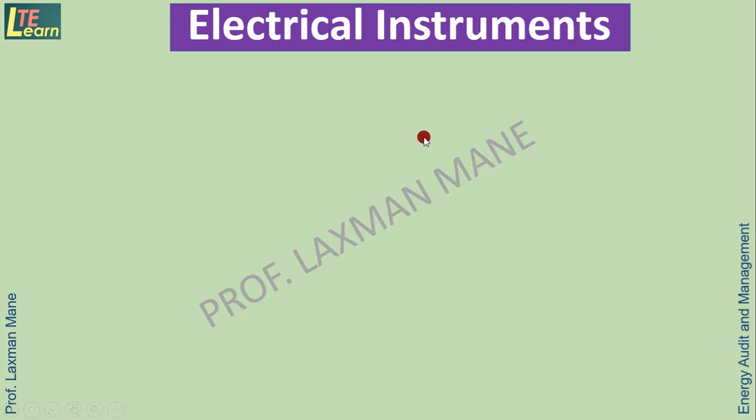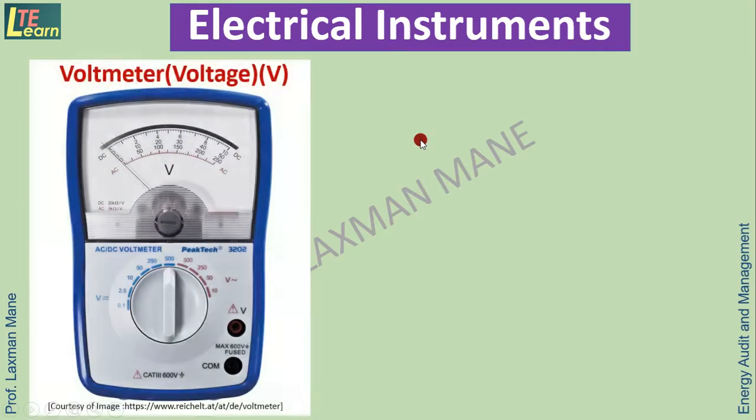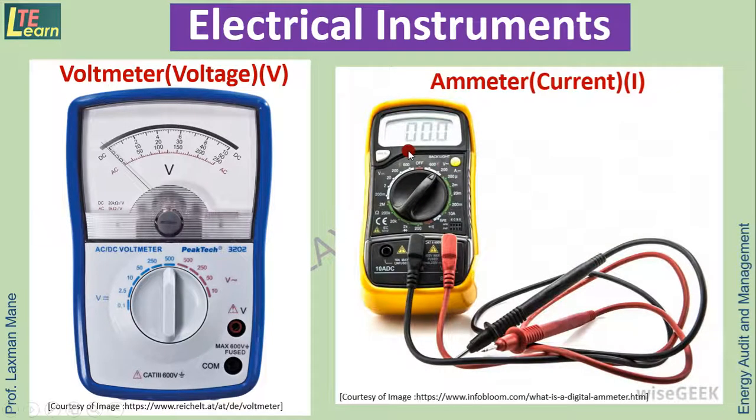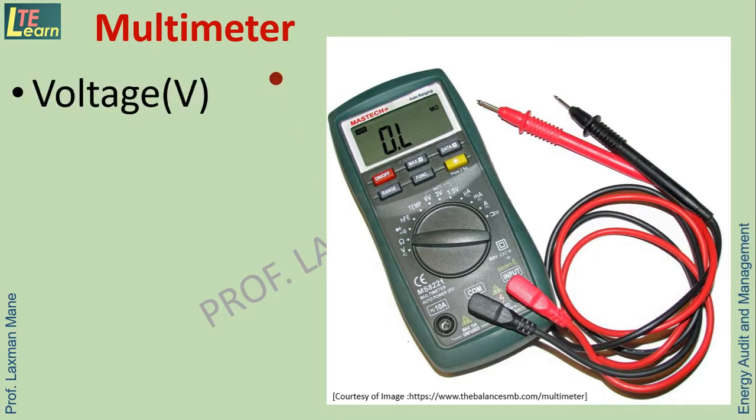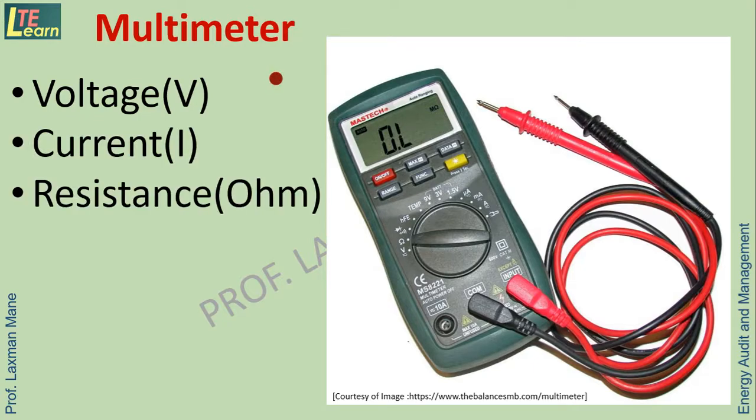Let us see electrical instruments. Voltmeter is used to measure voltage. Ammeter is an instrument which is used to measure current in ampere. Multimeter is used to measure electrical parameters such as voltage, current, and resistance.